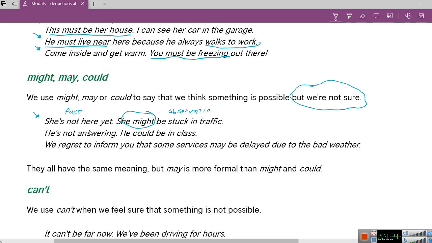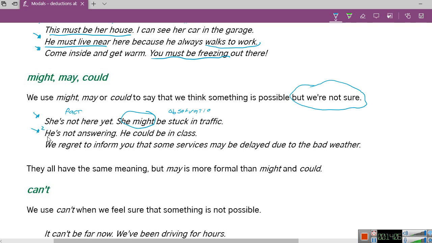I can also say she's not here yet. Instead of she might, I could say she may be stuck in traffic. I can also say she could be stuck in traffic. So those words are interchangeable. Now let's look at the second example. He's not answering.